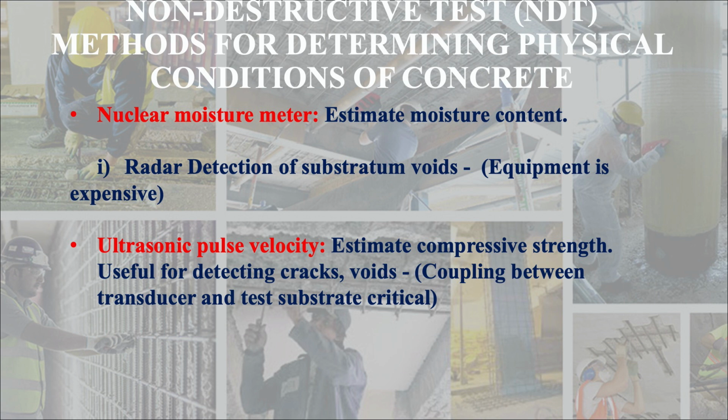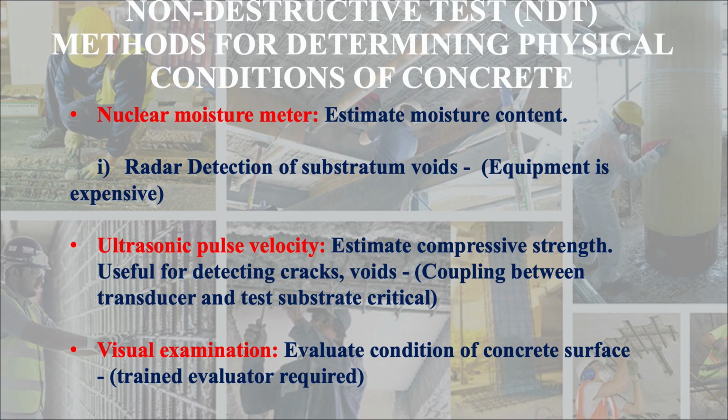Coupling between the transducer and test substrate is critical, because if proper coupling is not there, you will not get the required results. It is useful for detecting cracks and voids, and it is widely used for finding defects, cracks, voids, and for estimation of compressive strength of concrete.